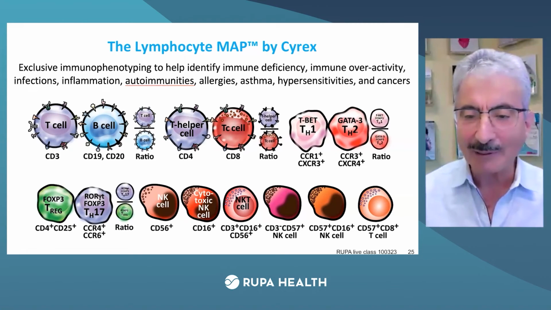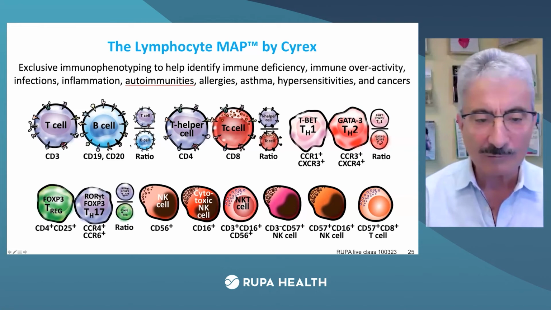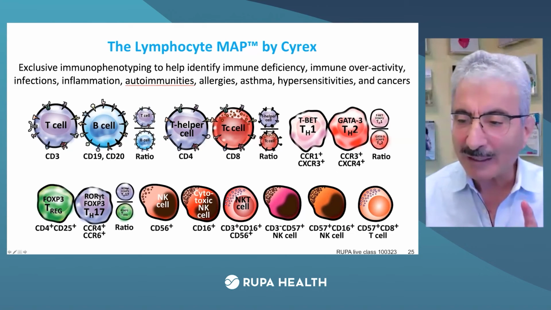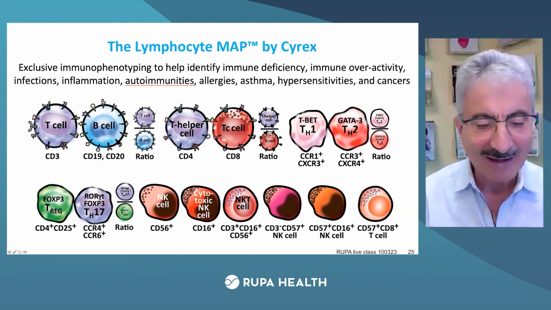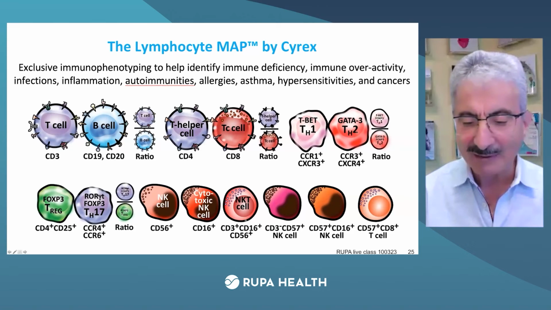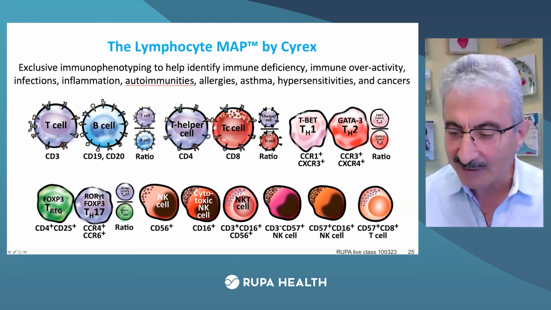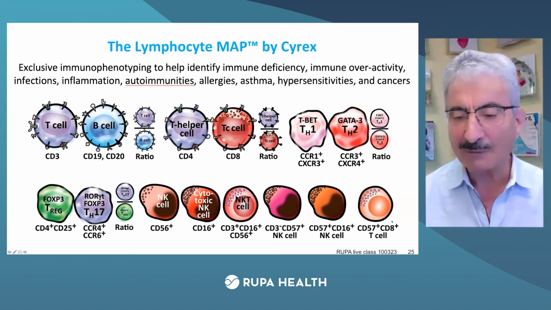the innovation of Cyrix is the addition of calculation of the ratios: T helper 1, T helper 2, their ratio, Treg cells, T helper 17, and their ratio, and finally looking at CD3 positive CD16, CD57, its alliance with CD16, and CD57 with CD8, which we call the highly super killers of the immune system.